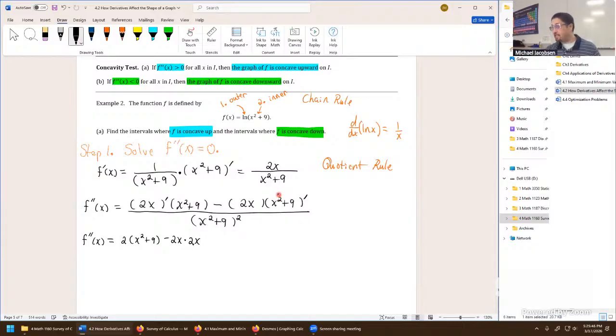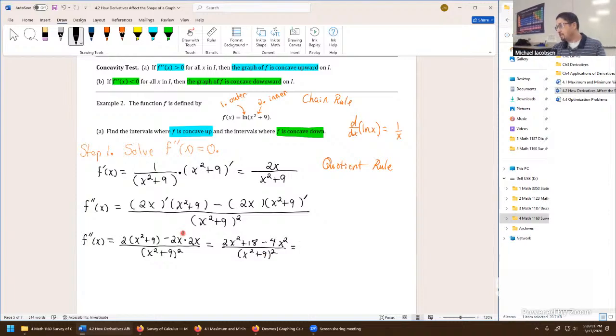So times 2x on that, and the whole thing is divided by x squared plus 9 squared. And then we keep going. Let's distribute 2, combine the like terms here. We have 2x squared plus 18 minus 4x squared here, divided by x squared plus 9 squared.